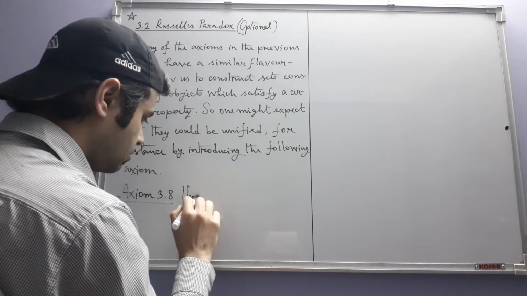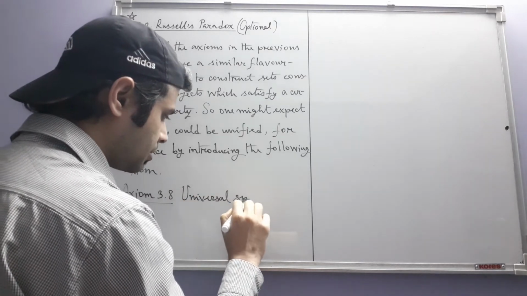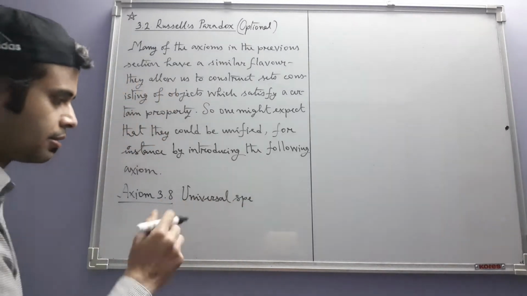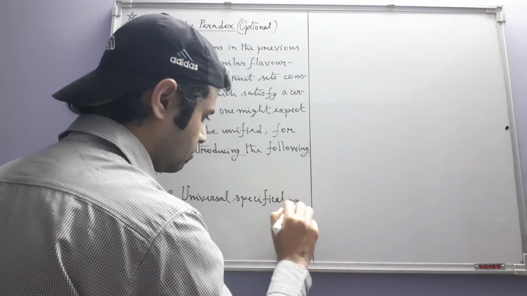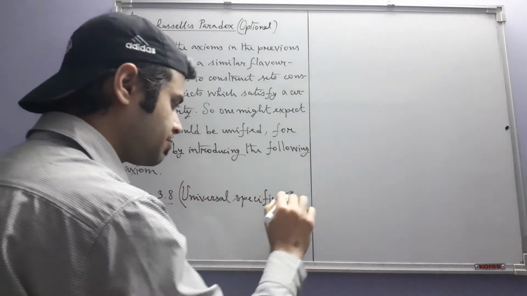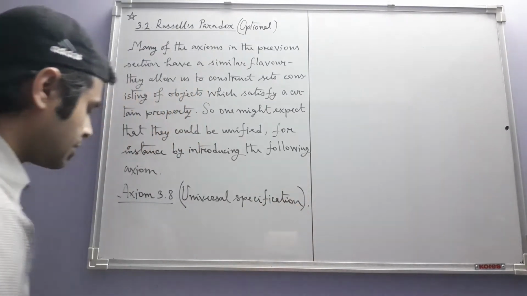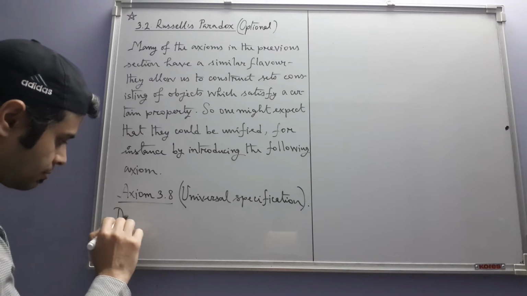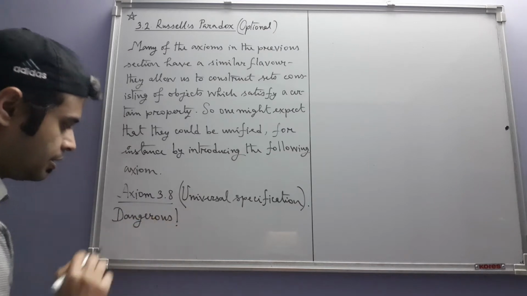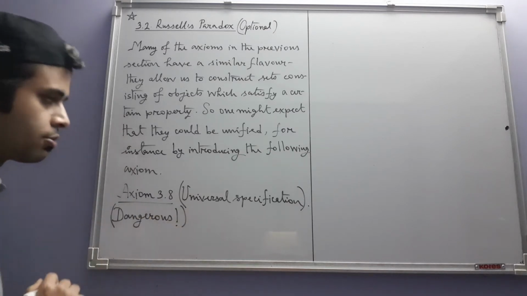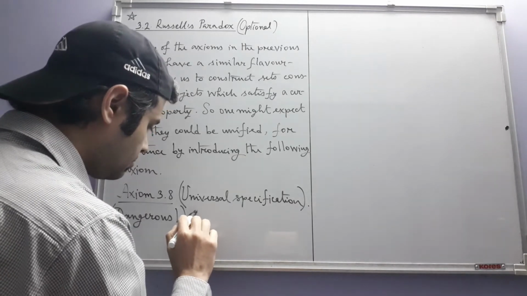It's called the axiom of universal specification. Note that we already have an axiom of specification, but this is the axiom of universal specification, and there is a warning that goes with this. Tao calls it dangerous, and for good reason. So let's see what this axiom has to say.